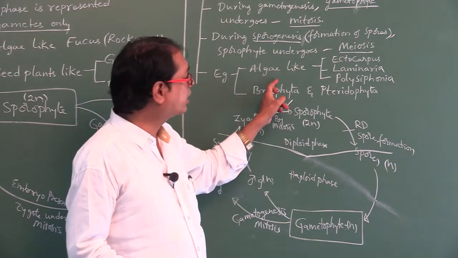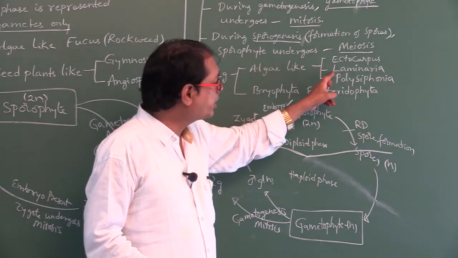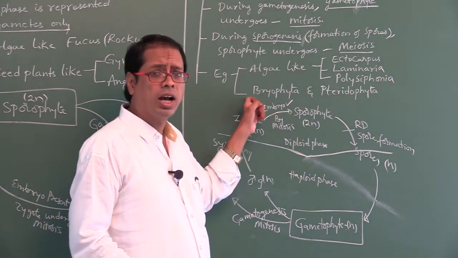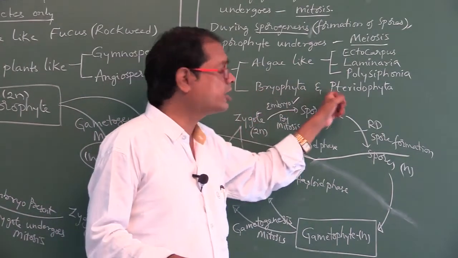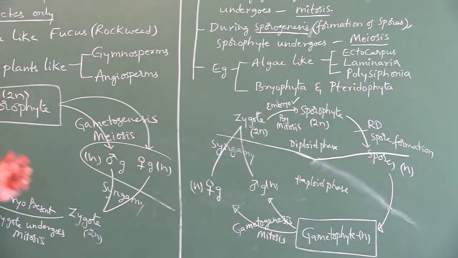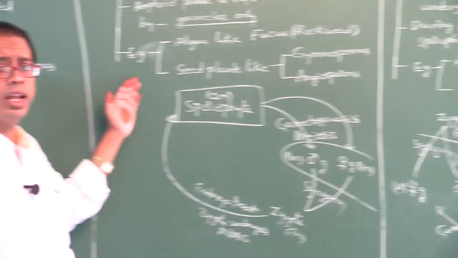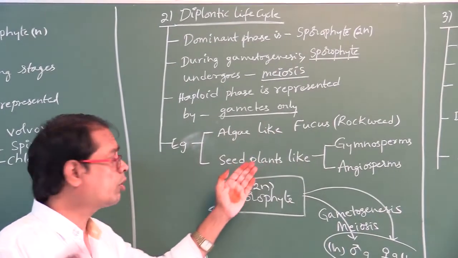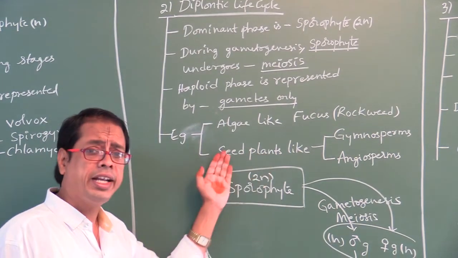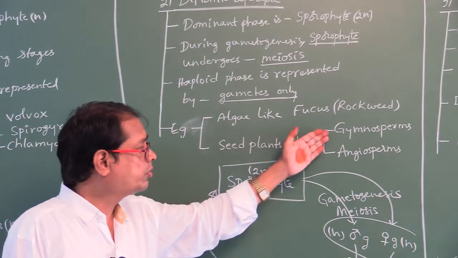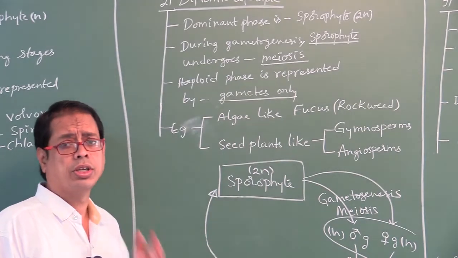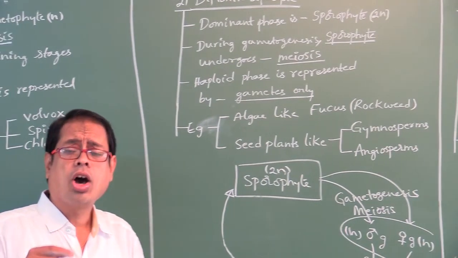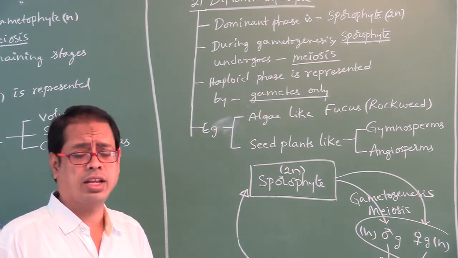Examples: algae like Ectocarpus, Laminaria, Polysiphonia, and other examples also bryophyta and pteridophyta. For diplontic life cycle, examples are algae like Fucus and seed plants like gymnosperms and angiosperms. That means algae show all the types of life cycles.